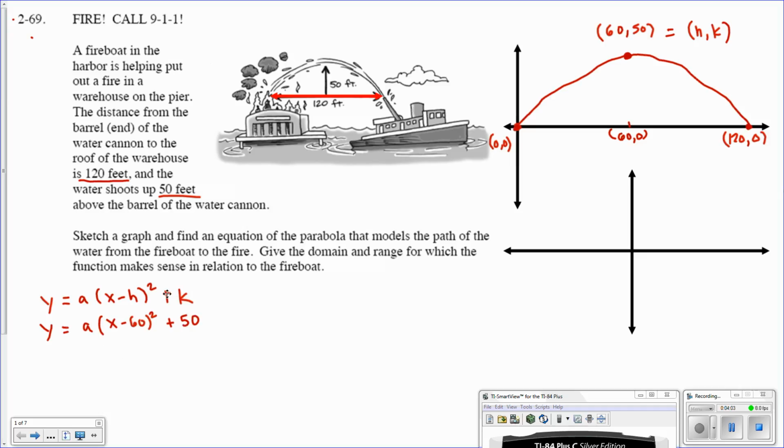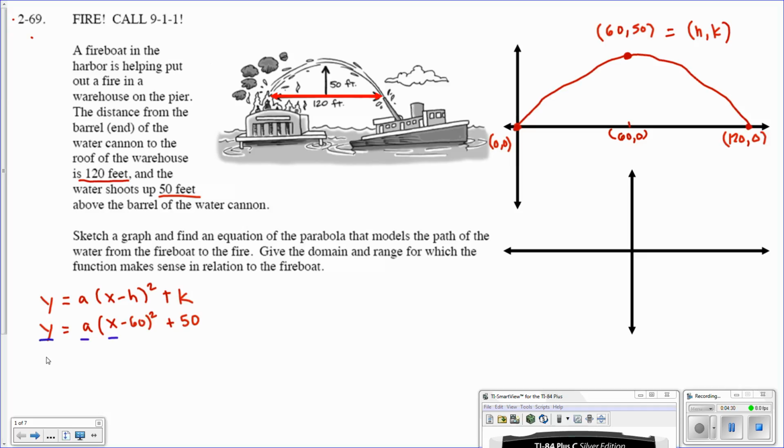Next thing now is we notice here that we've got a y, an a, and an x. We need to figure out what our stretch factor is going to be, so we need to figure out an x and a y that will work in here. Well, we cannot use the vertex again because we've already used that in our function. So let's focus on either 0, 0 or 120, 0. Either one should work fine. I'm going to use 0, 0 because it's nice and small.